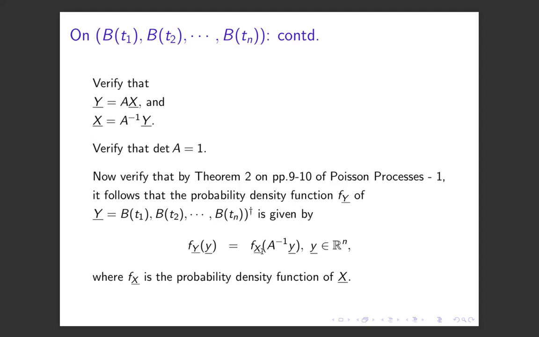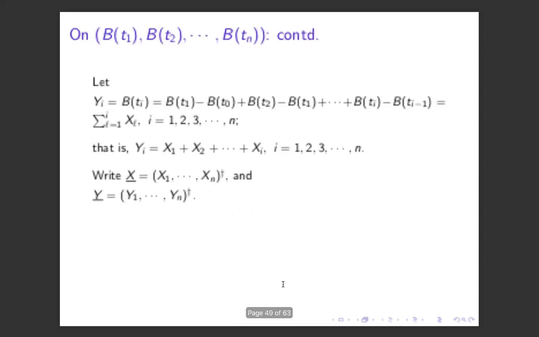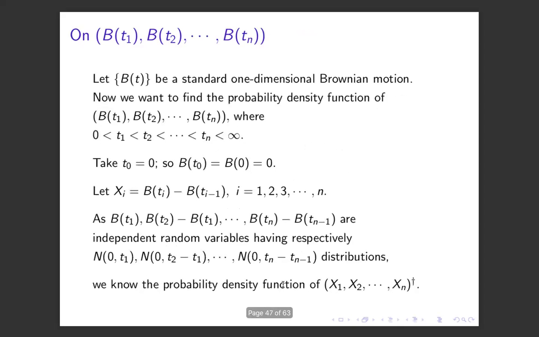So here, f sub x bar, we know it. That's what we had remarked earlier. We know the PDF of this, that is f sub x bar.